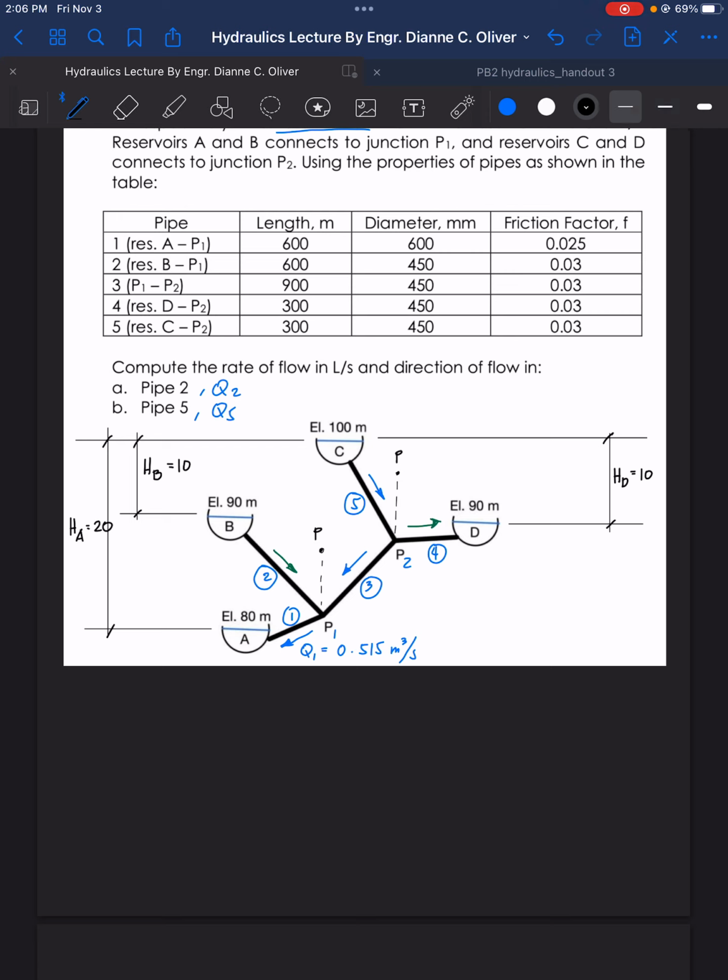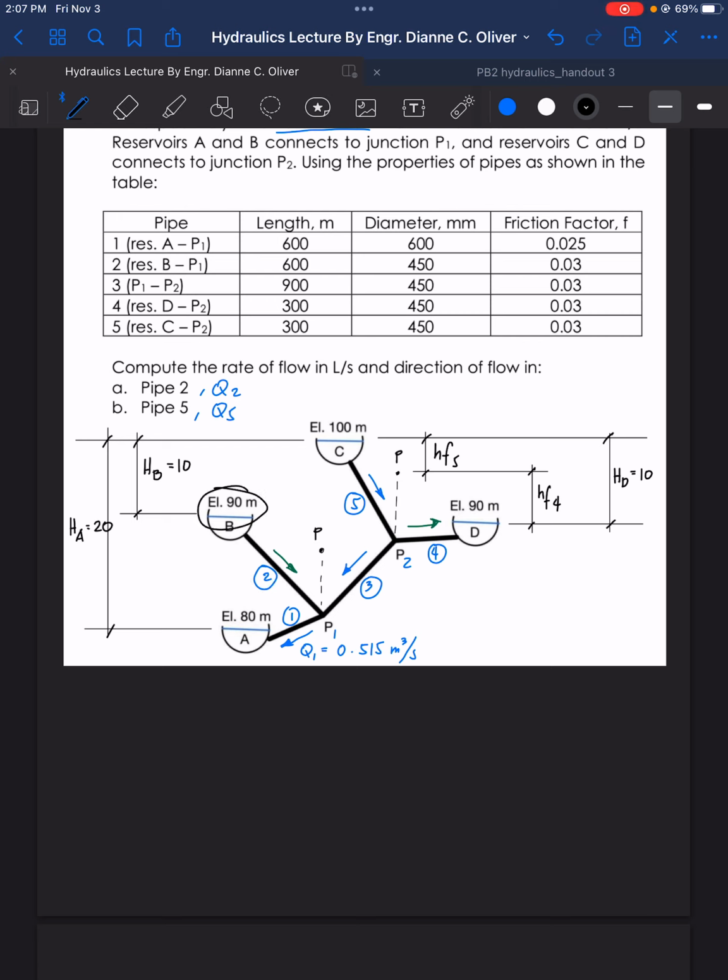Next, we find the HF. This is pipe number 5, so this is HF5, from this reservoir to piezometer P. For HF4, from the reservoir to the piezometer P. So this is HF4, from this elevation to piezometer P. Next, how about HF2? Where is the source of water?